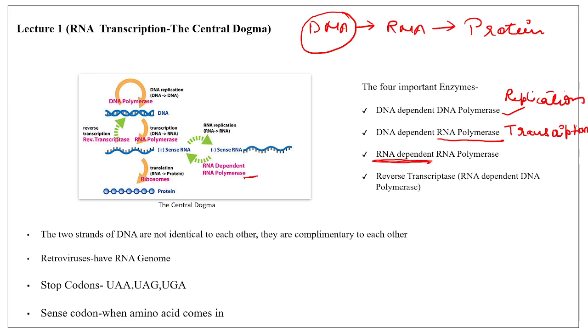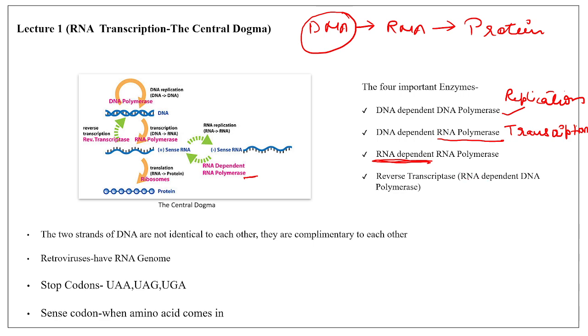Then next is reverse transcriptase, the RNA dependent DNA polymerase. What does it mean? It is a DNA polymerase, so it is polymerizing DNA. But it is RNA dependent, which means it requires RNA as the template.